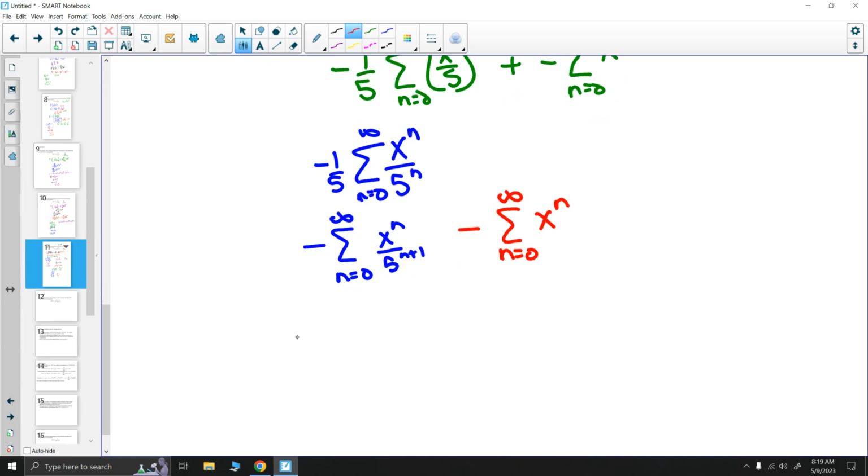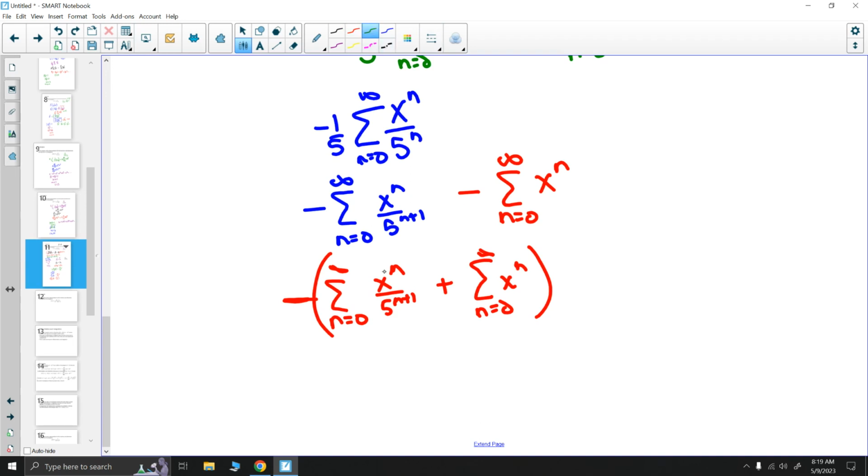Let's start by factoring the negative out of both. That would be x to the n over 5 to the n plus 1, plus the sum n equals 0 to infinity of x to the n. So pulling that negative out, since they're both negative.